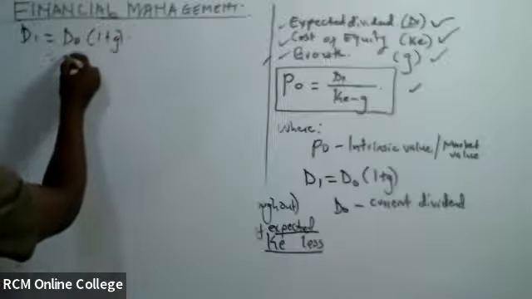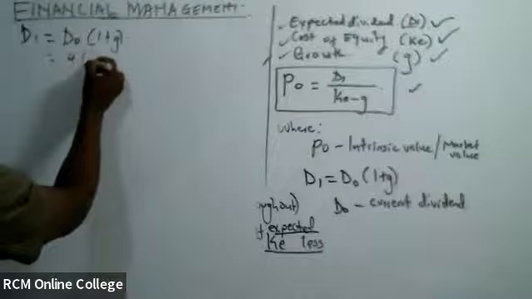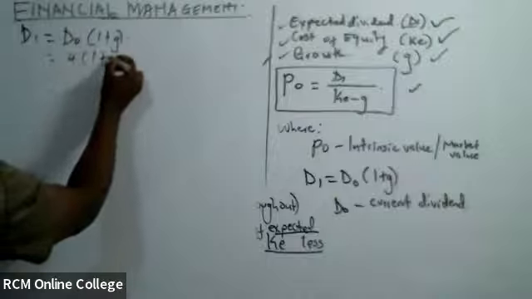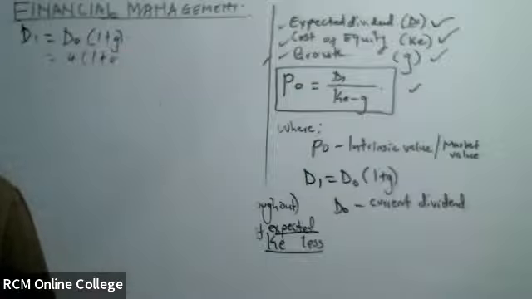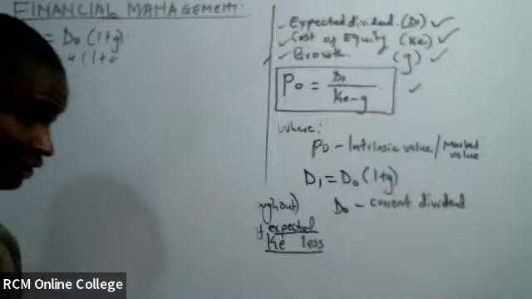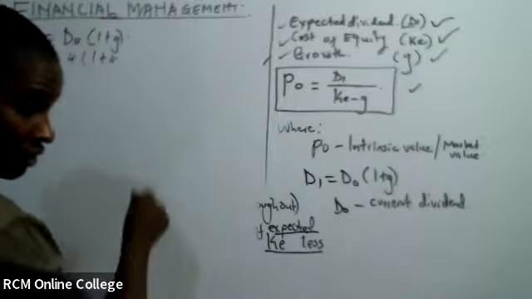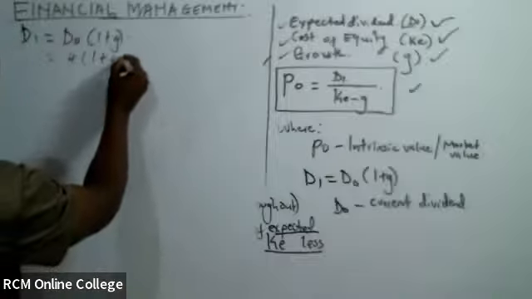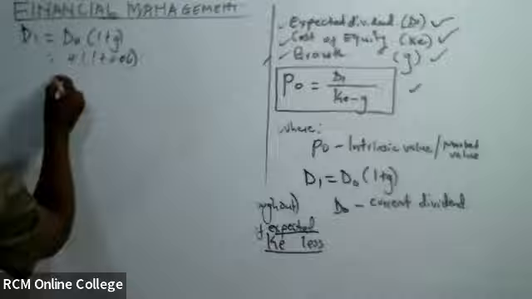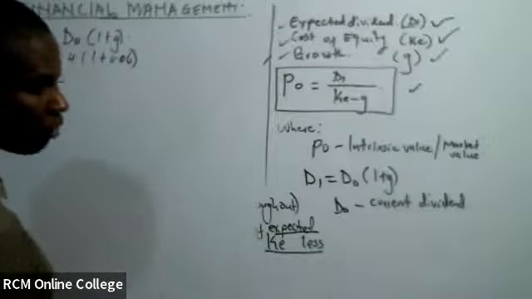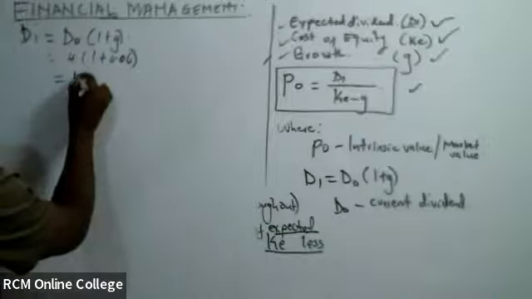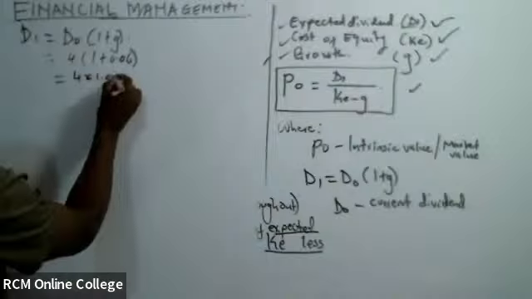My D0 is 4, times 1 plus 0.06. What is our growth rate? 6%, isn't it? Growth rate, 6, so 0.06. So when you grow that 4, it will be 4 times 1.06.